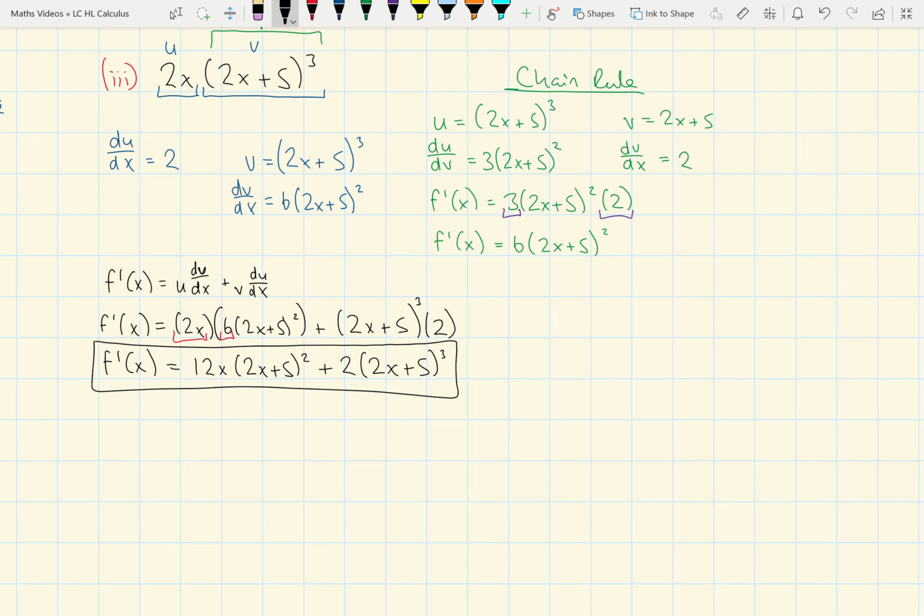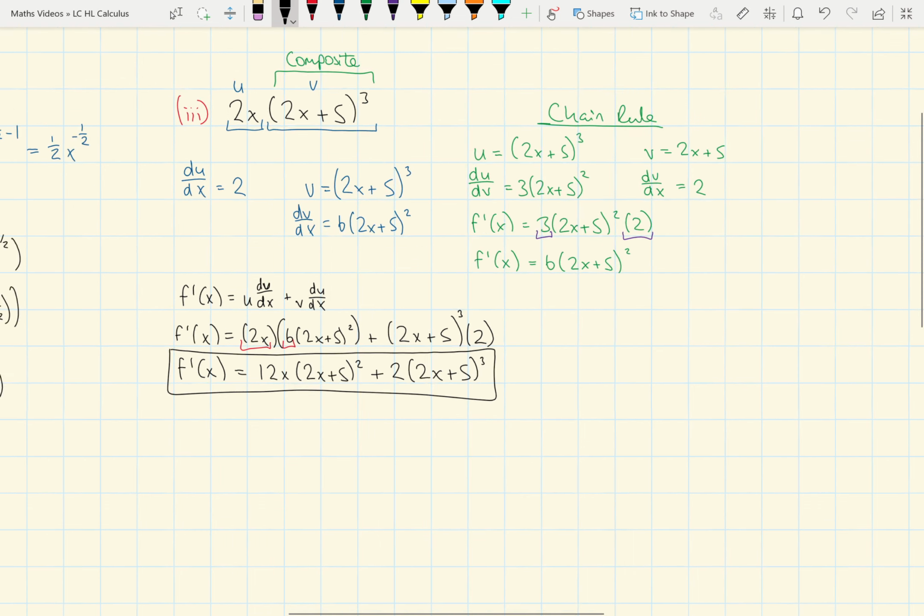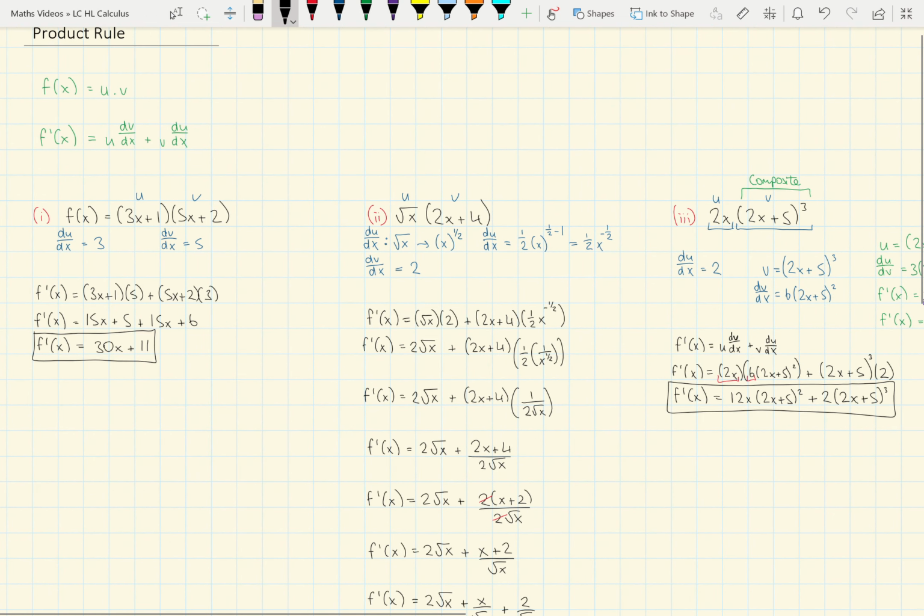So like our workings in green here, it's essentially rough work to go and figure it out. And then just sub back into your original formula, which for us here was product rule. And then after that you're just tidying up, multiplying out if need be. It just depends on the question layout. So that's us done for those 3 examples on product rule.